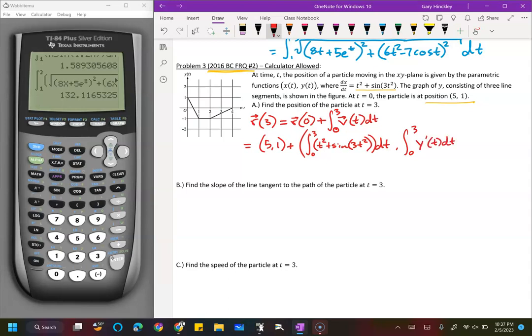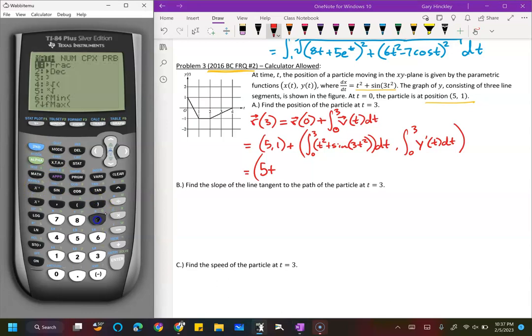Now remember, we're not given dy/dt, but we are given the graph, and so we're going to be using that along with FTC, our fundamental theorem of calculus. So I can write this as 5 plus, and then I'm going to calculate that integral from 0 to 3 of t squared plus sine of 3t squared.